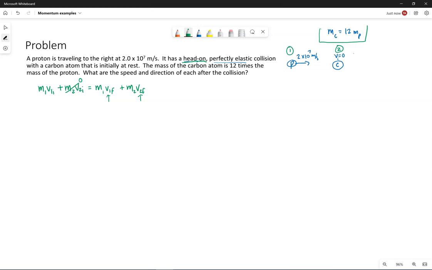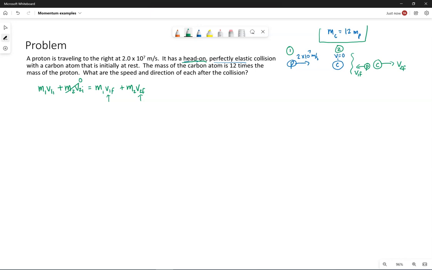So after they collide, the carbon atom is going to be moving to the right. The proton will be moving along the same line, and it's actually going to end up bouncing back. You don't need to recognize that at the moment, but we will show that. So head-on just means they don't hit on the edges, so they do not take off with X and Y motion.